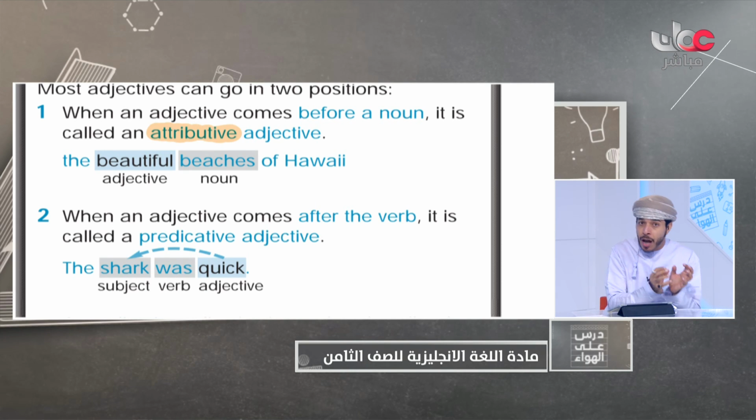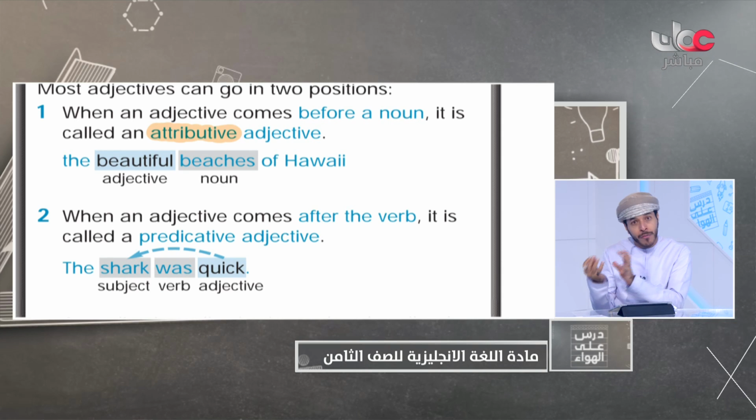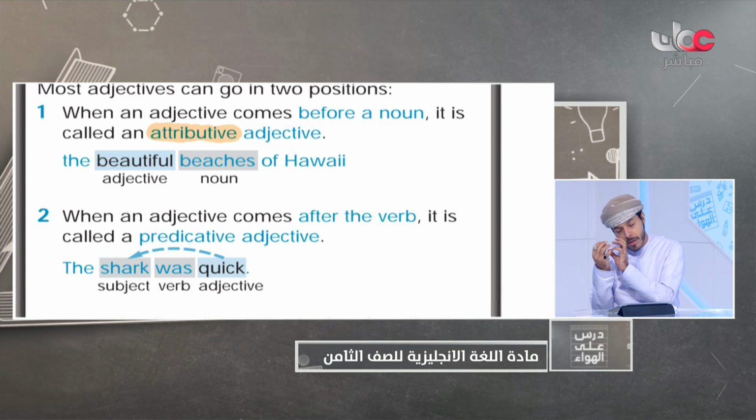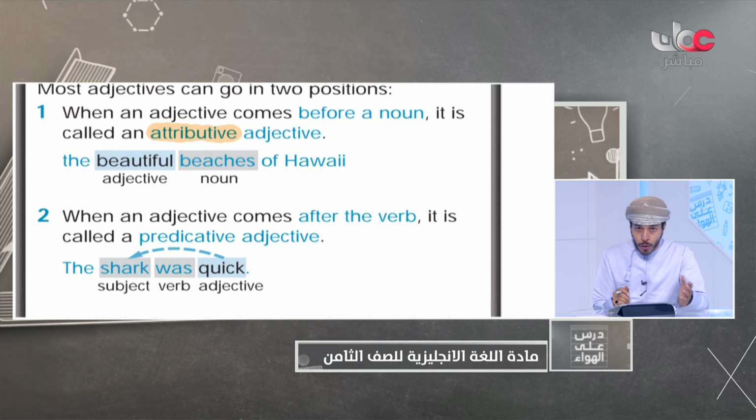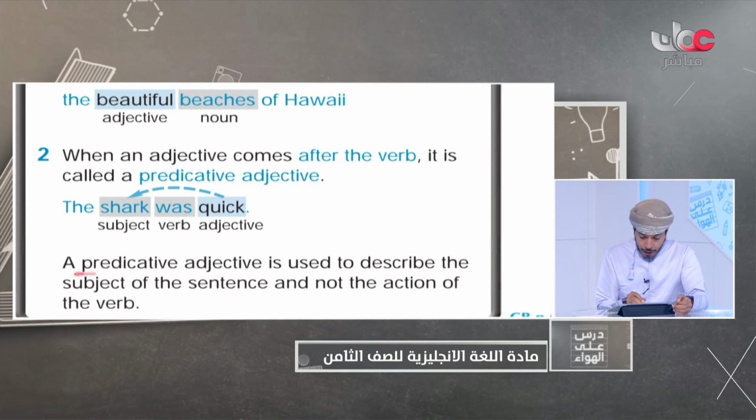They describe the nouns, the subject. The shark was quick. سمك القرش كان سريعا. So quick here describes what? The shark. So the pattern is subject, verb, adjective. Good, guys? So a predictive adjective is used to describe the subject.